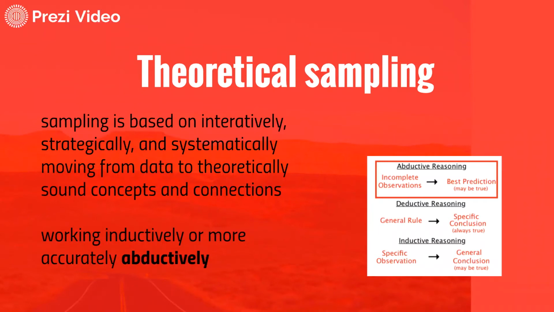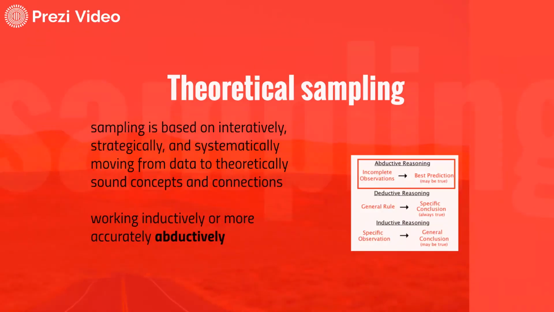Abductive reasoning, on the other hand, knows that we never have all of the data, we never can have all of the instances, but we can feel more or less confident, and we can, as a consequence, develop good descriptions, good predictions, as indicated in this little chart.